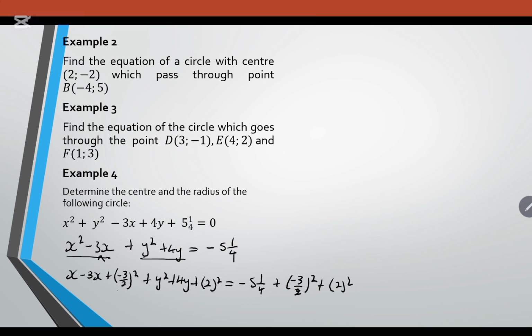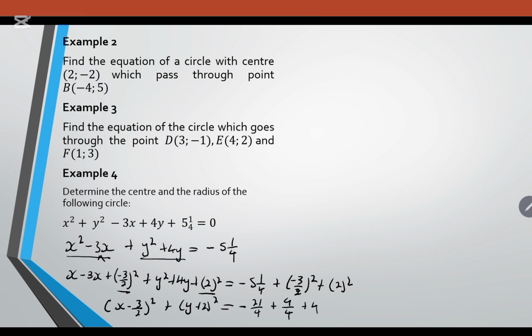And therefore, this becomes the factors of those perfect square expressions. So this becomes x minus 3 over 2 squared plus y plus 2 squared. This is equal to negative 21 over 4 plus 9 over 4 plus 4.